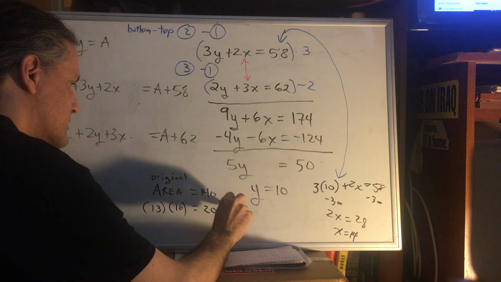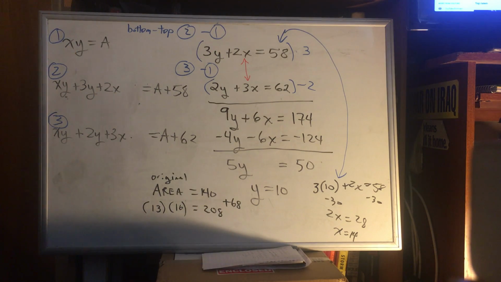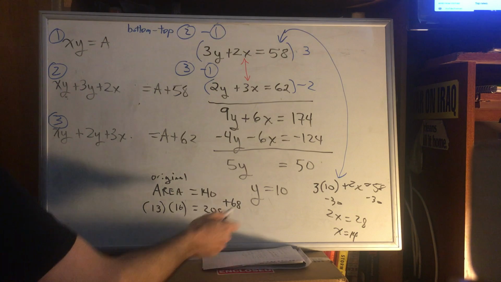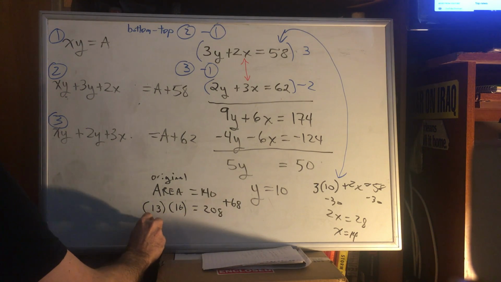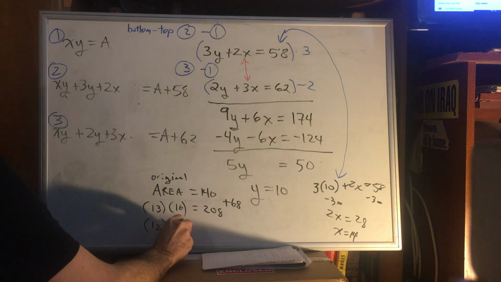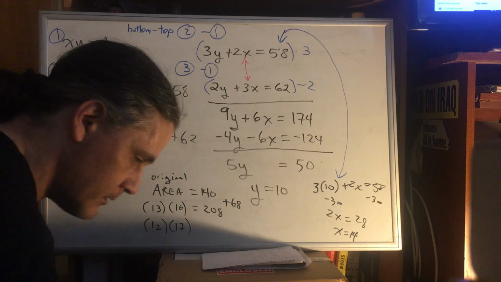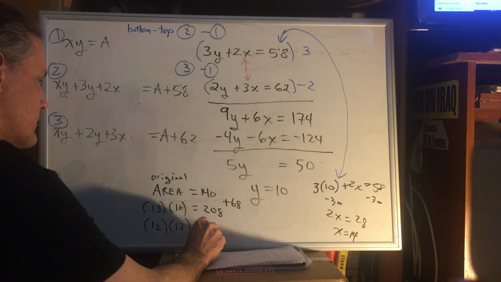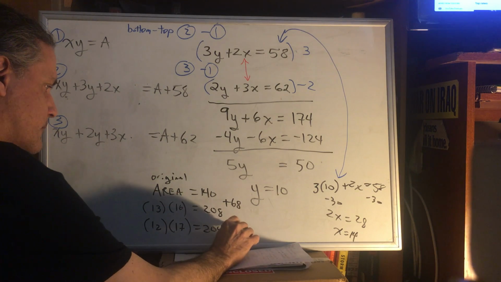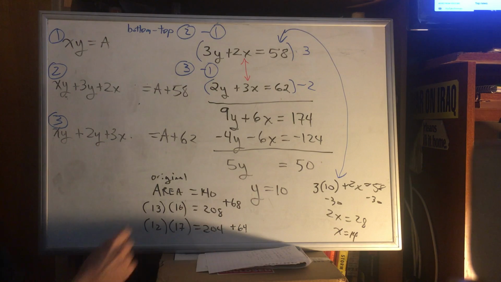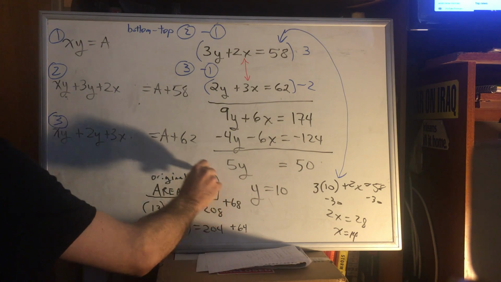Notice that's plus 68. Whereas if you increased y by 2 and x by 3, you would have had 12 times 17, which is 204. And notice that's an increase from the original area of 64.